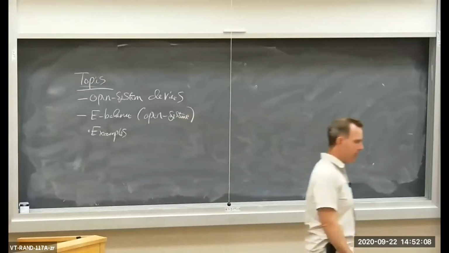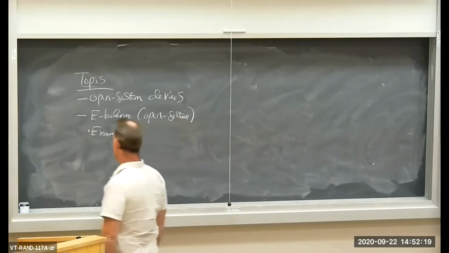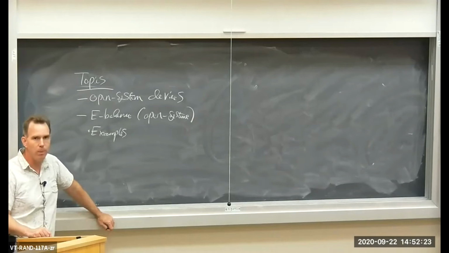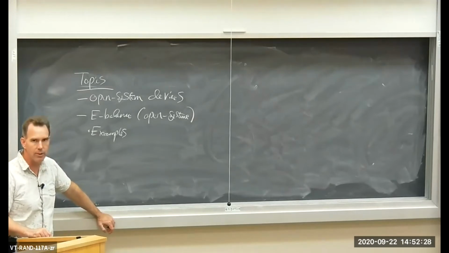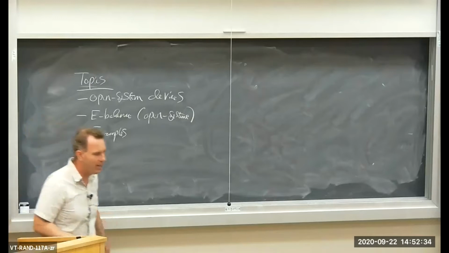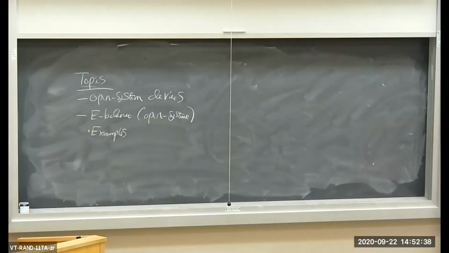So today we're going to continue on with our investigation and use of the open system energy balance and mass balance too. I think it's a good time to go through and describe the various open system type devices, or open flow type devices. These are turbines, compressors, nozzles, diffusers, heat exchangers, the various devices that involve the use of the open system conservation equations.